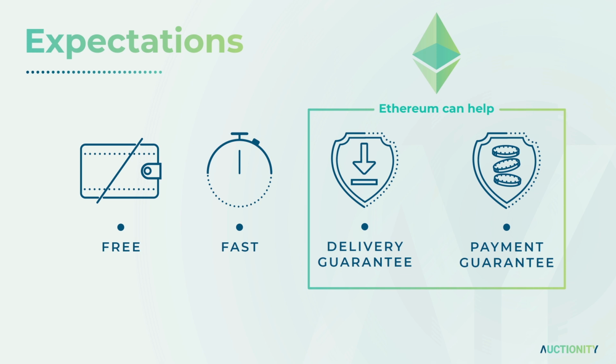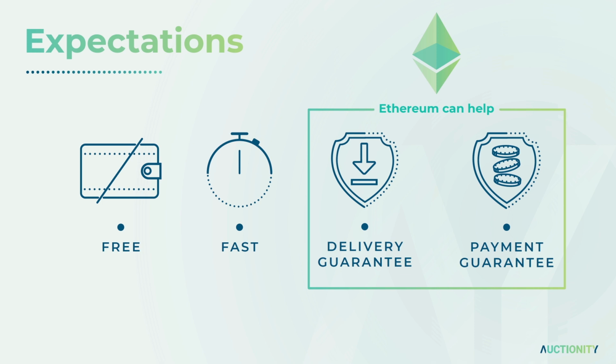Why? Because on the Ethereum blockchain, you have the Ether, which is money. And you have the smart contract system, and on that you can have a logical code which guarantees the seller that if a bidder paid, he will get the money at the end of the auction. And on the other hand, on the Ethereum blockchain, you have non-fungible tokens, for example ERC-721, maybe CryptoKitties, this kind of goods.